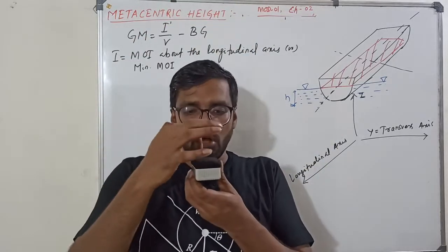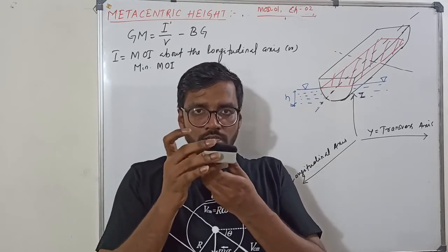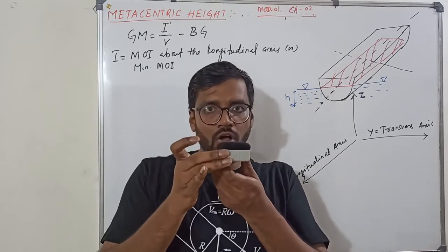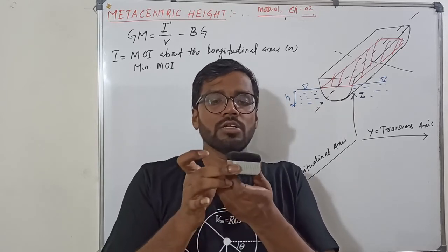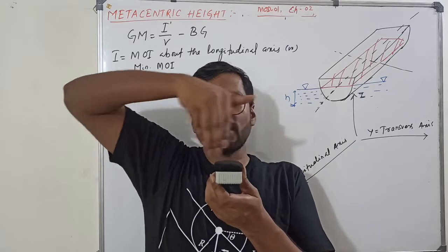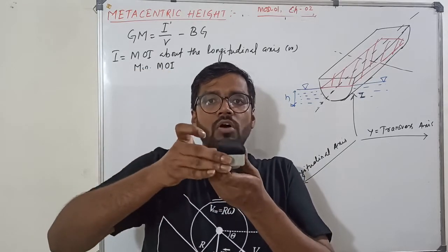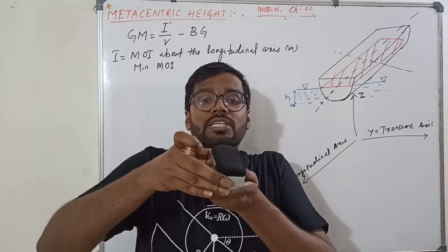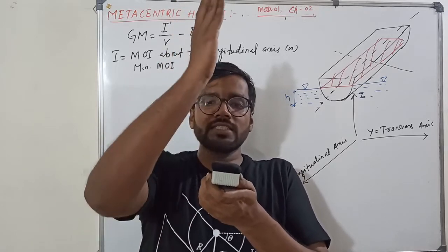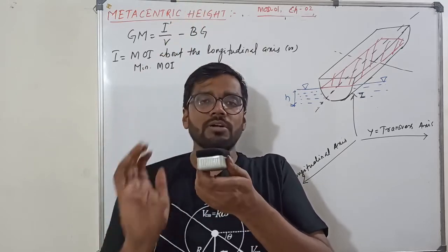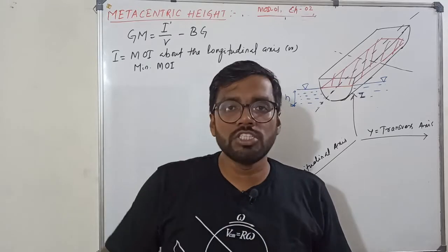Now, about the longitudinal axis, if it is moving like this, you call it rolling. About the transverse axis, if it is moving like this, we call it pitching. And about the z-axis, if it is moving, we call it yaw.